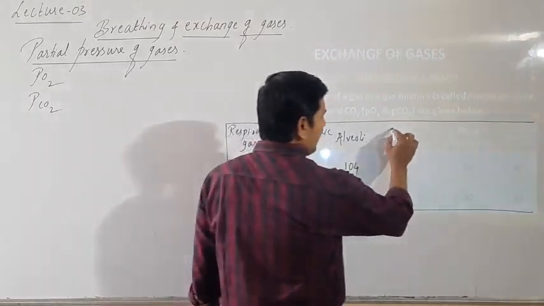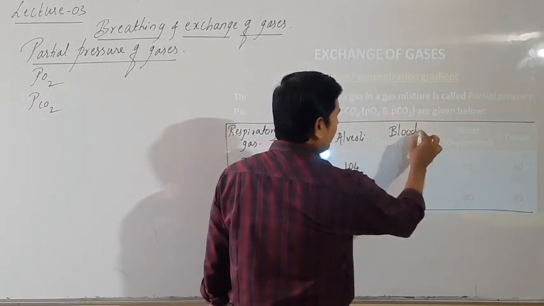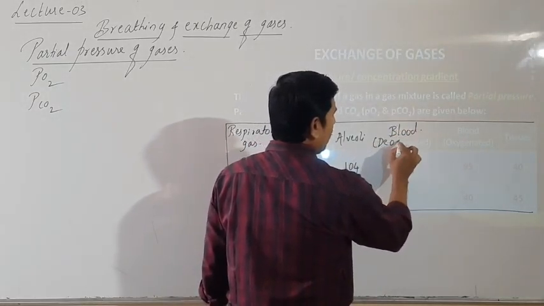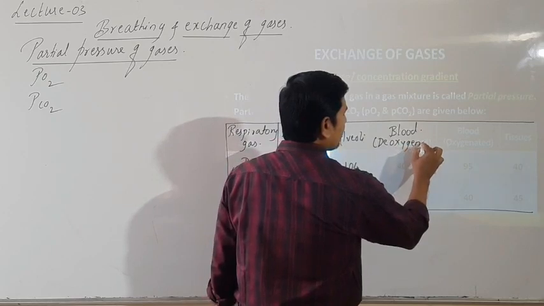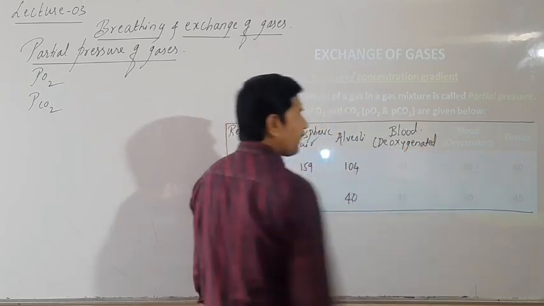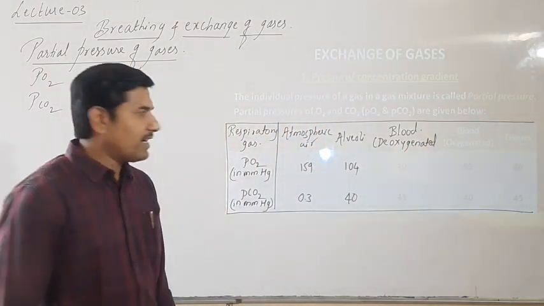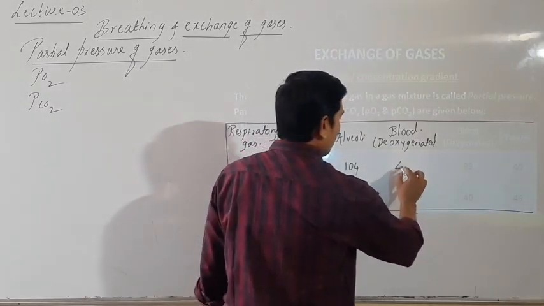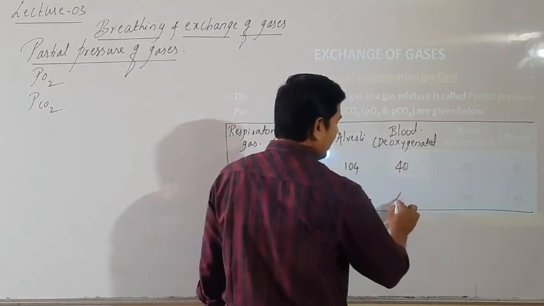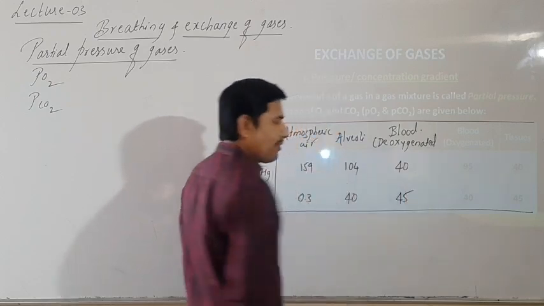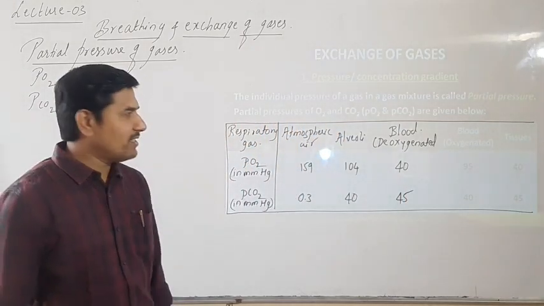Then in the deoxygenated blood, O2 is around 40 mm of Hg, and CO2 is a little bit high, 45 mm of Hg.